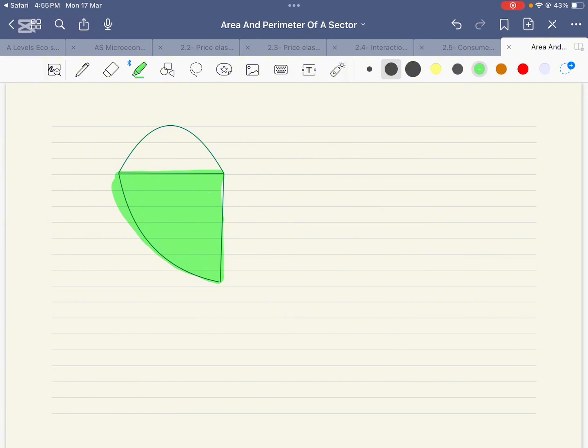show that the area of the entire figure is 54 pi. Entire figure area is 54 pi. This length here is 12 centimeter, right?